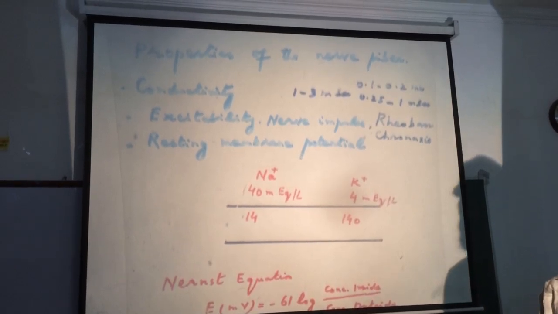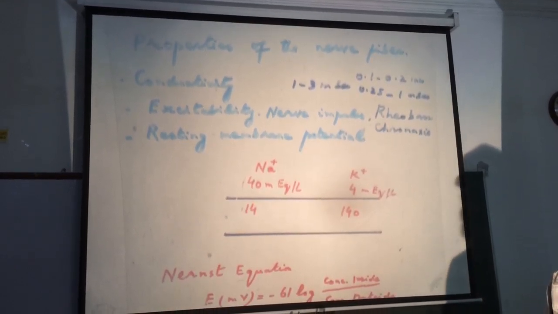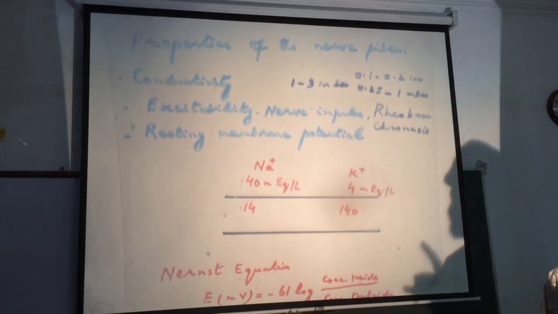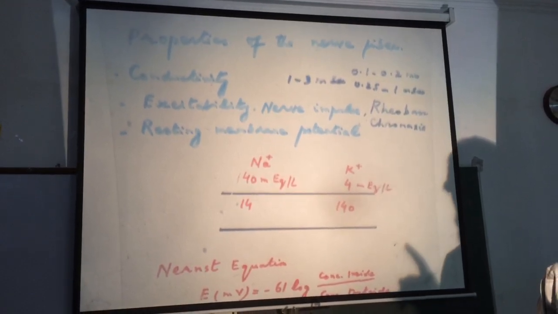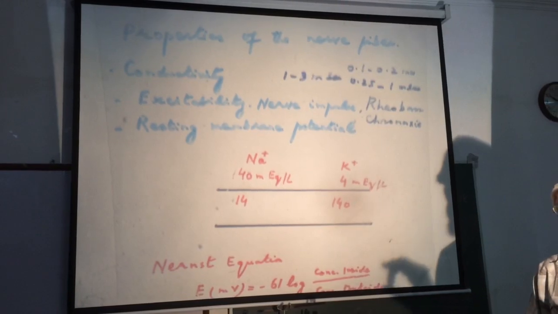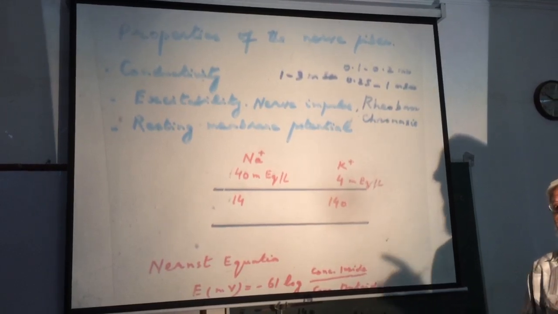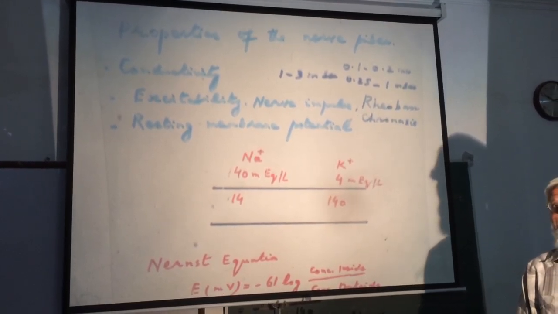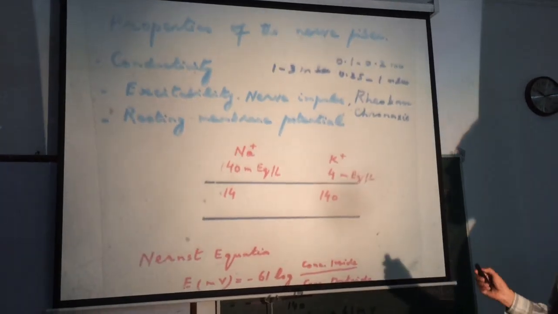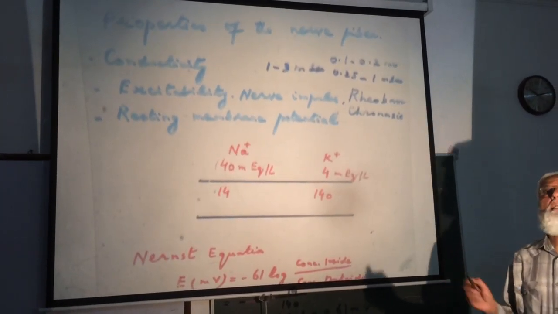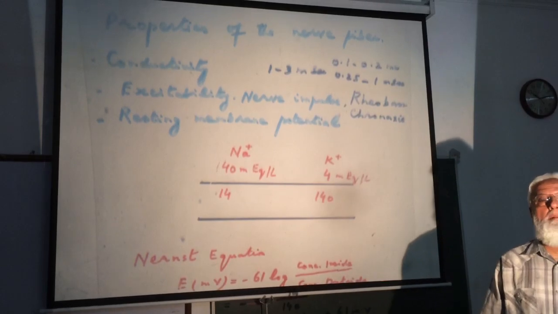Now the cell membrane is 100 times more permeable to potassium at rest, and the sodium-potassium pump is active all the time.